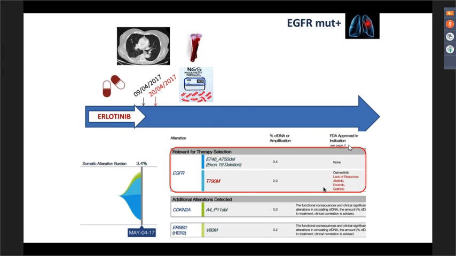We use the Garden platform, which is a panel that covers 73 genes, analyzing gene copy numbers and fusion, rearrangement, and indels in another 23 genes. And as you can see, we can find a resistant mutation, the T790M mutation, in the blood sample of our patient.